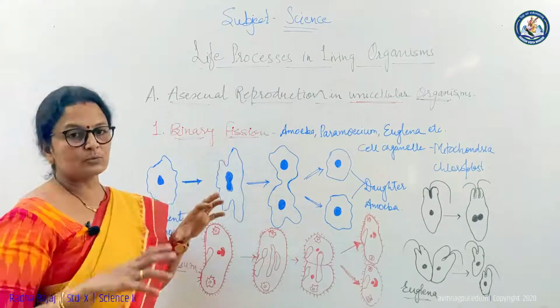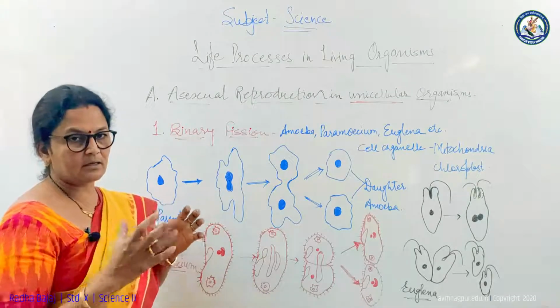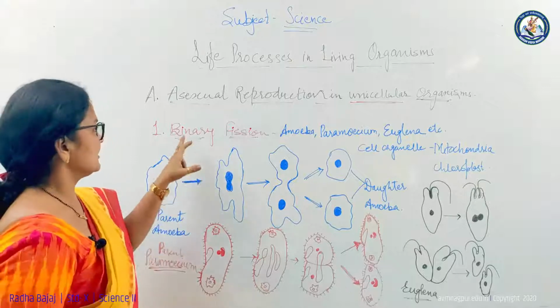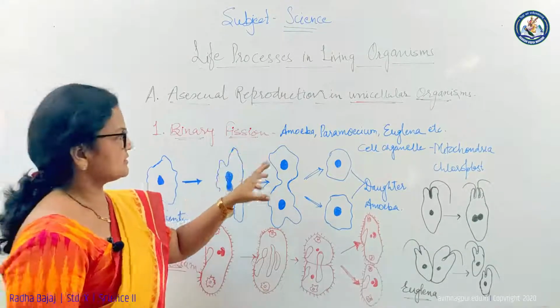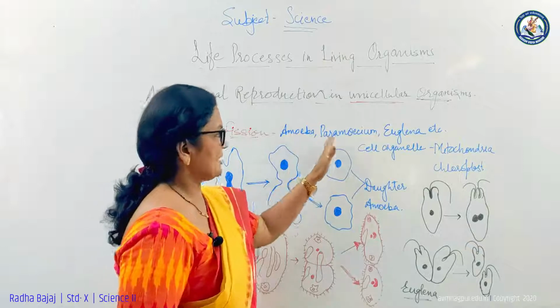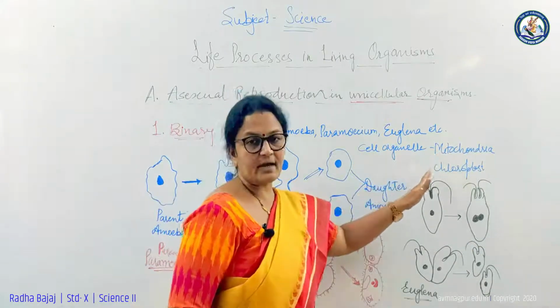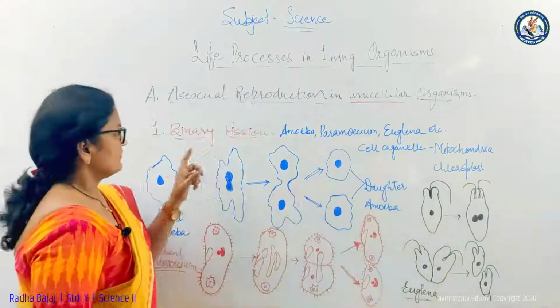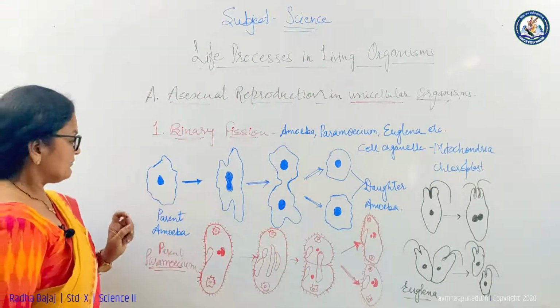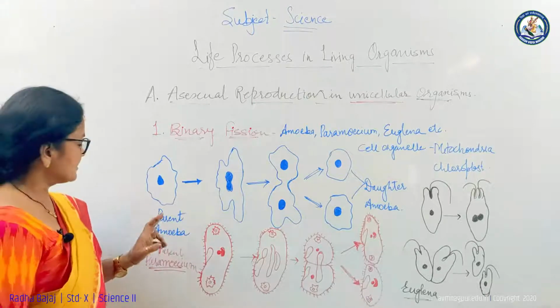Binary fission मतलब टूटने के बाद में दो ऑर्गेनिज्म मिलना. सिंगल पेरेंट सेल डिवाइड इनटू टू सेल, that is binary fission. It occurs in amoeba. Examples are amoeba, paramecium, euglena, and some cell organelles like mitochondria and chloroplast, where we get binary fission.